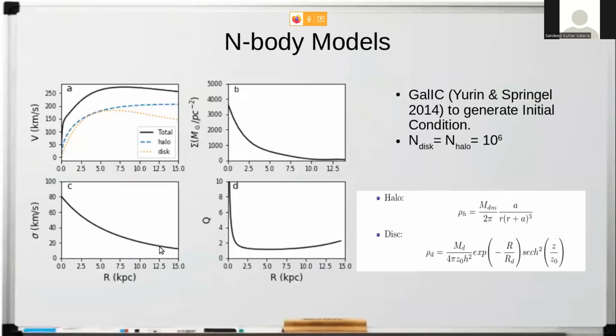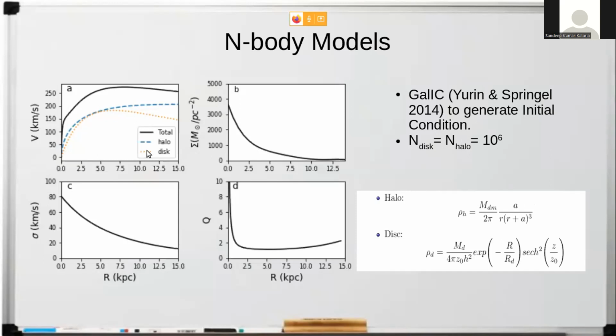So for this, we start with the N-body model, and we generate an axisymmetric disk with the GalactICS code, which uses elements of the Schwarzschild method to populate a given density distribution. And we take around a million particles for the disk and halo components. The halo is Hernquist in our model.